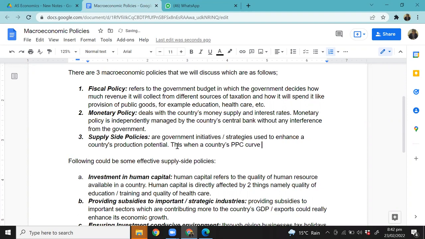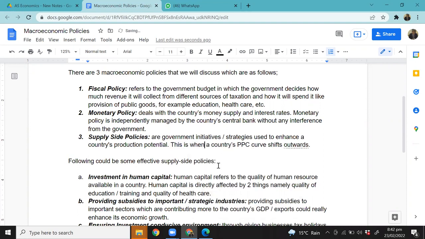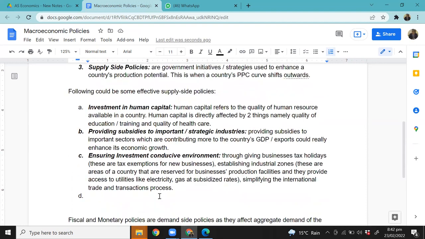Production possibility curve. This is when the country's production possibility curve shifts outwards, because that shows you what? That shows you more productivity. That shows you more quantity of resources or more quality of resources. Agreed? Right? Then another thing that's very crucial for economic growth, investment in research and development.